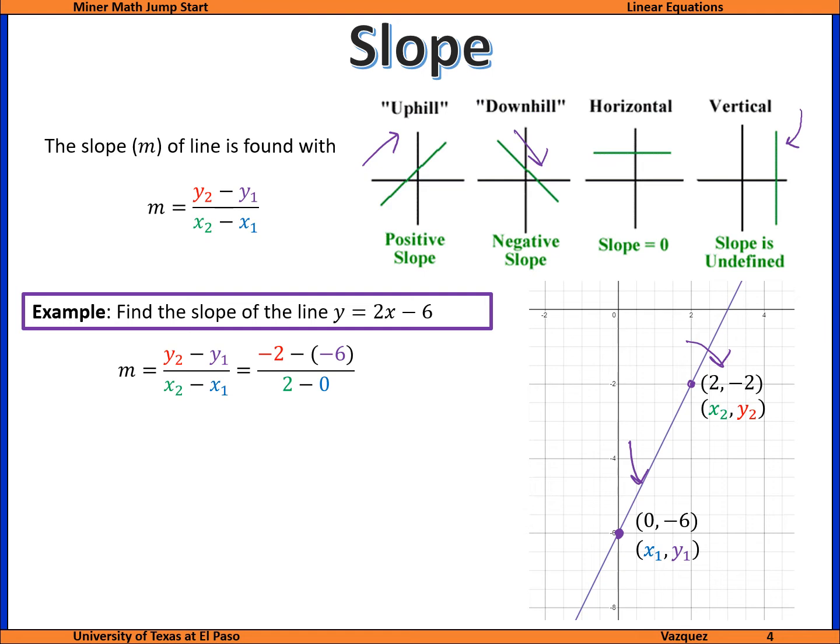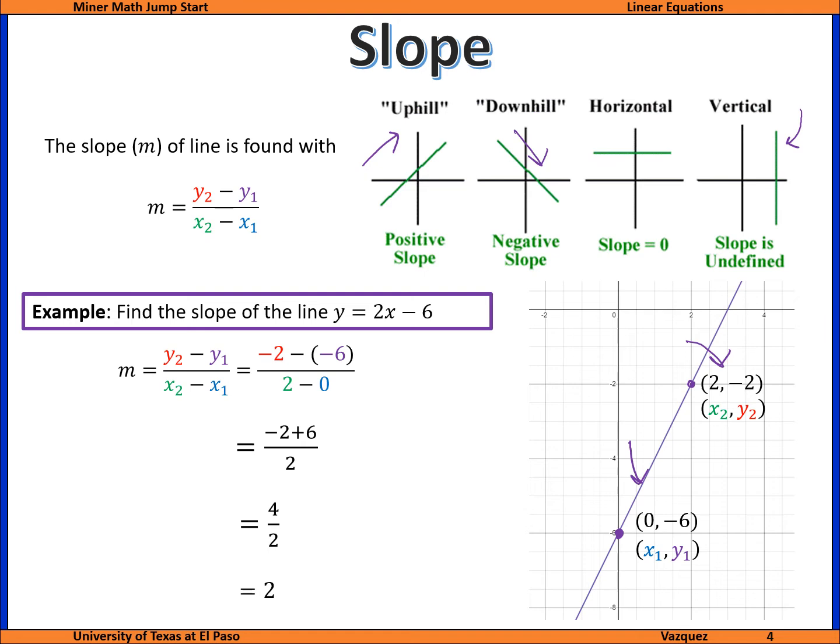Now it's just a little computation, a little simplifying to figure out what our slope is. -2 minus -6 becomes -2 plus 6, and 2 minus 0 is just 2. Again, simplifying a bit more, -2 plus 6 is 4. So we have 4 over 2, and 4 divided by 2 is just 2.